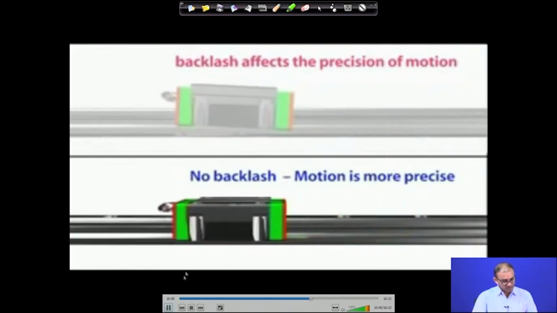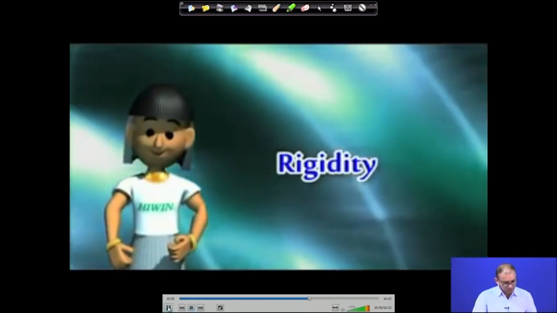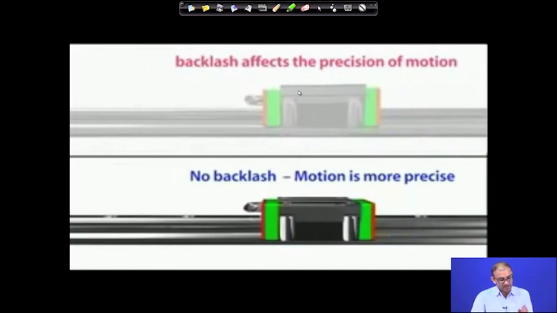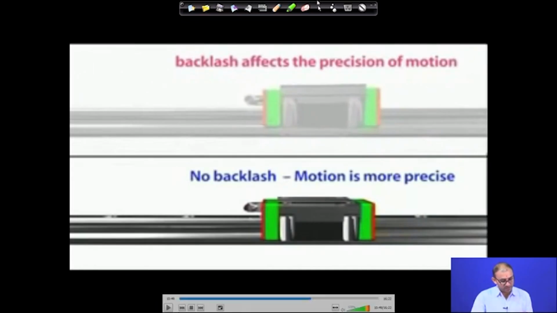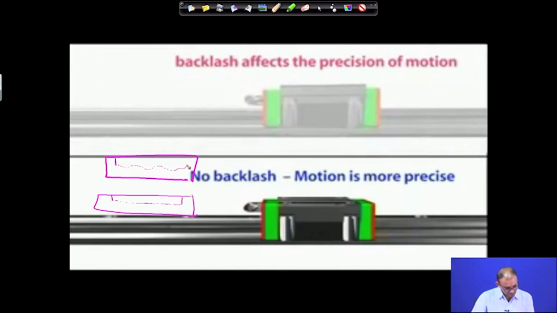So, why does this thing matter? Whatever we are looking at in this particular location, the way it is moving up and down is a highly exaggerated view, but at a micro level, that is also enough to destroy our workpiece geometry. Because if you want to cut a straight line, this is your workpiece and you want to cut one slot here, and if there is backlash, then what you are cutting is something like this, right.